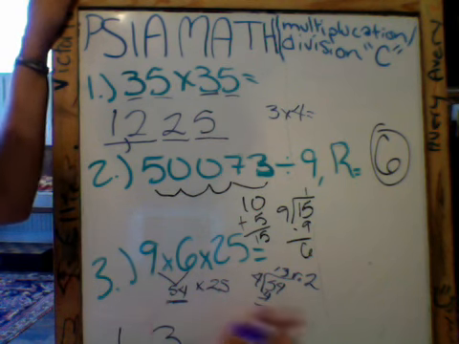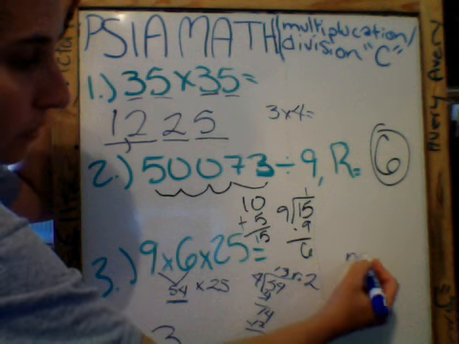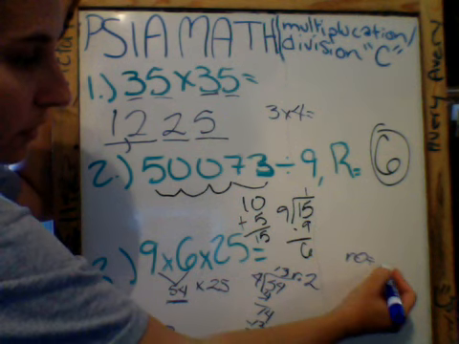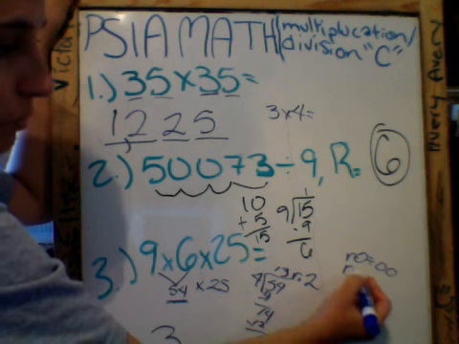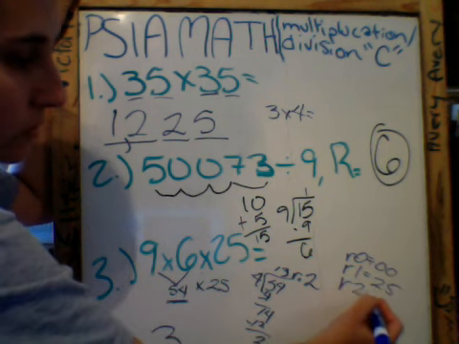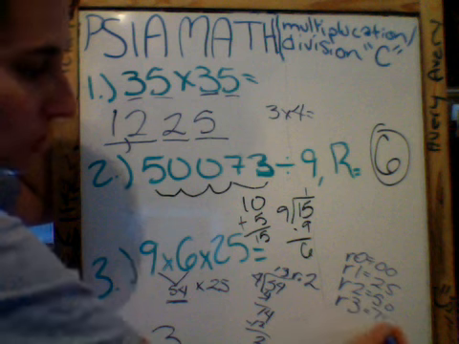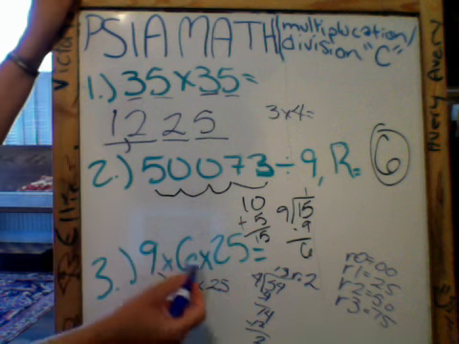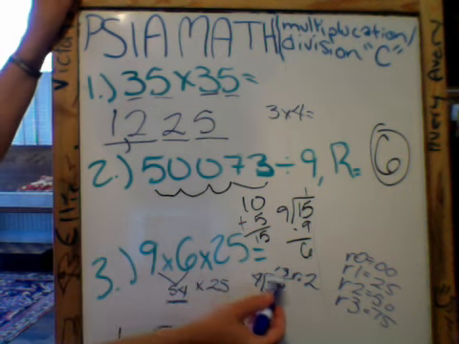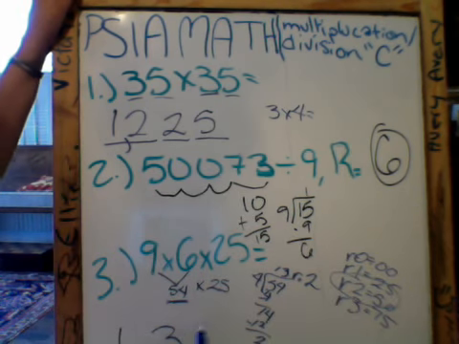In that multiplication trick, it says if the remainder is 0, then the last two digits are 00. If the remainder is 1, the last two digits are 25. Remainder of 2, the last two digits are 50, and remainder of 3, the last two digits are 75. In this equation, we had 13 remainder 2, so my answer is 1350.